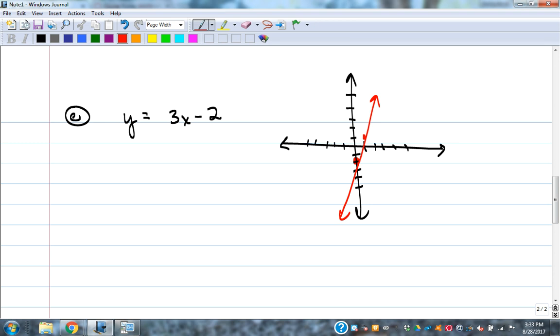So this one passes the vertical line test because anywhere I put a vertical line, it only touches that graph one time. So it passes. So this is a function. And don't forget the vertical line test. That's always a good thing. Remember that vertical line test. It's handy.